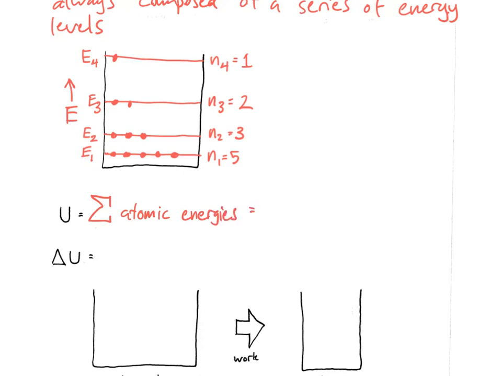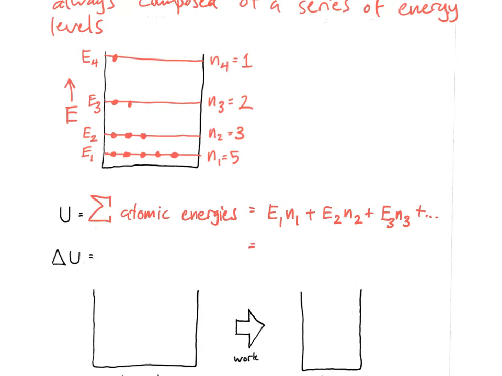The way that we can represent this is that it's the energy of energy level 1 times the number of atoms in that energy level, plus the energy of level 2 times the number of atoms in that energy level, plus the energy of level 3 times the number of atoms in level 3, and so on and so forth.